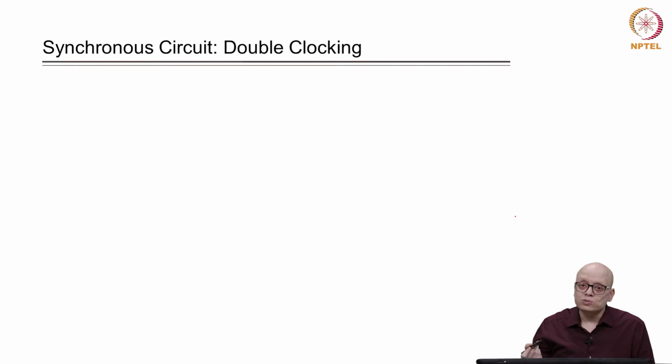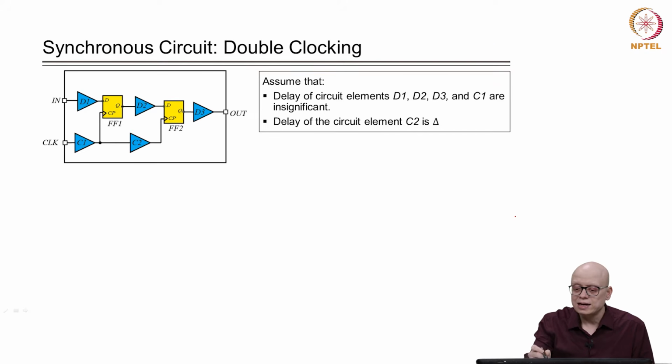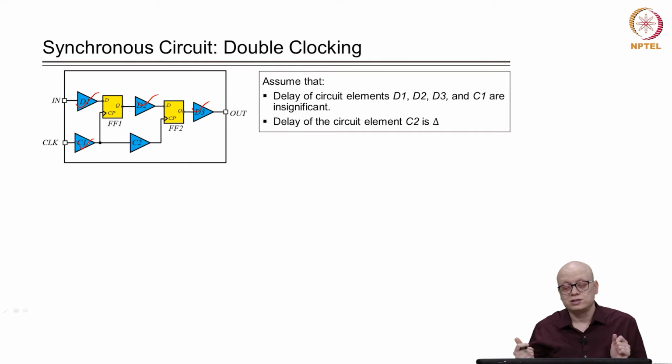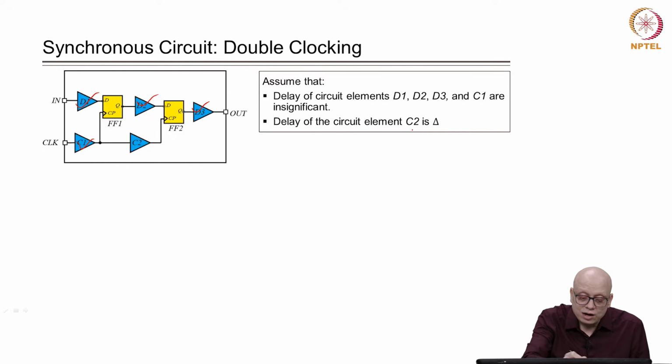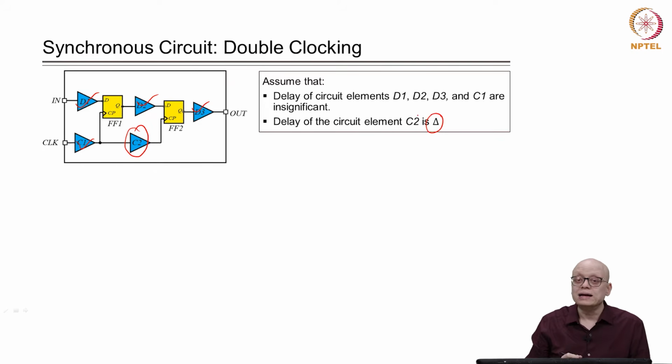Now, let us look into another scenario. In this case, what we are saying is that let the delay of D1, D2, D3, C1, all of them be very small or negligible, while the delay of this element C2 is somewhat positive and let us call it delta.